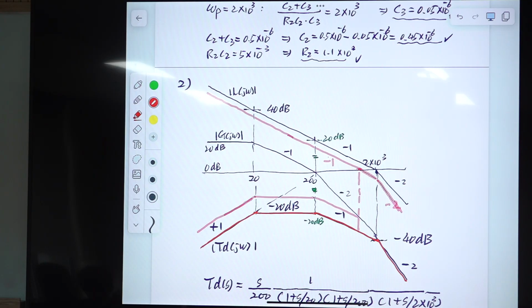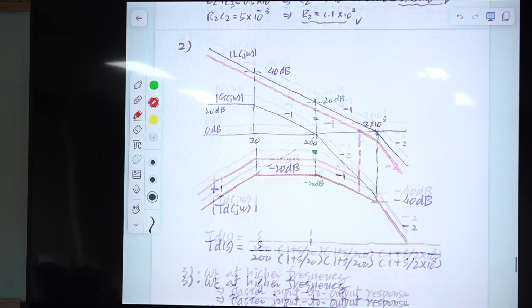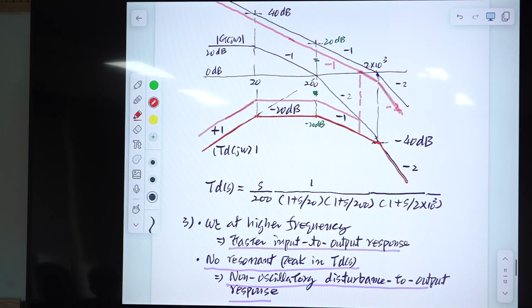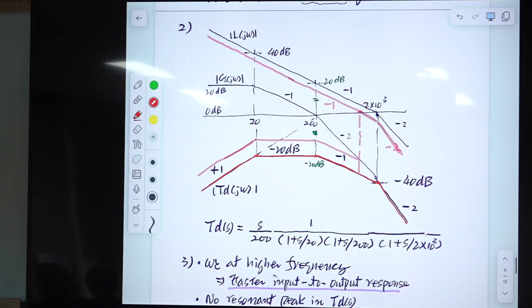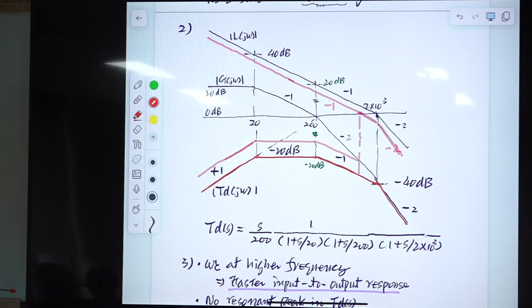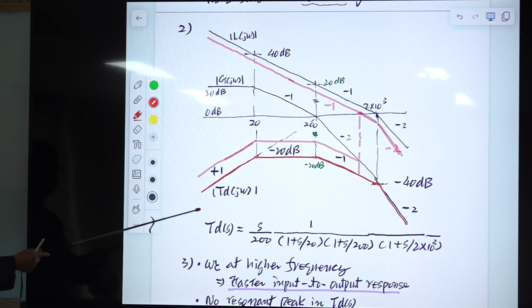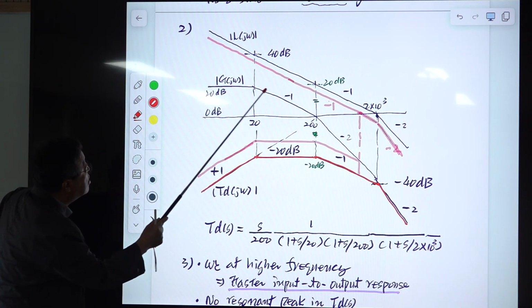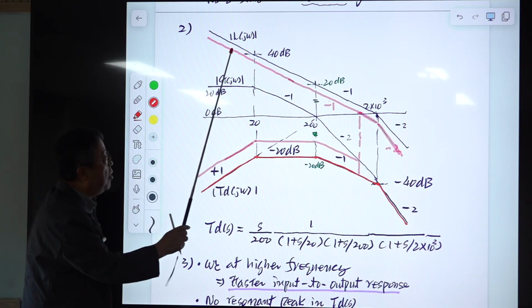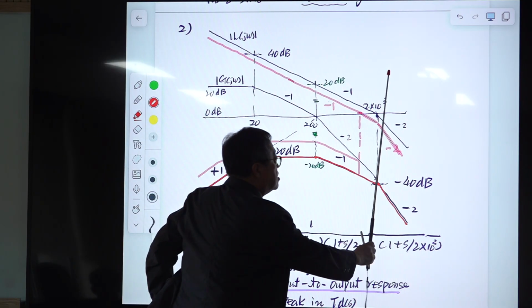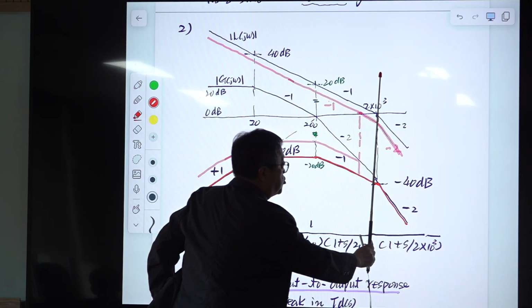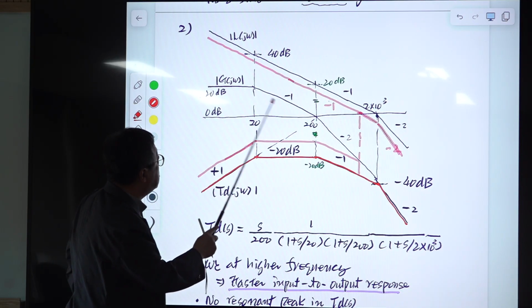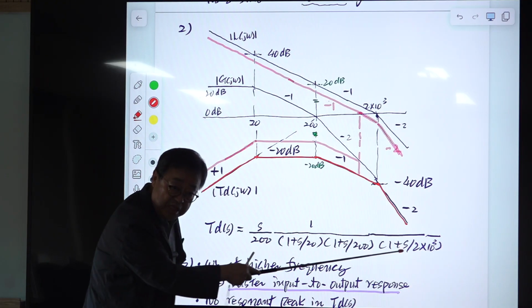Okay, and this is the final problem. Oh, this is not the final problem. Sketch this, right? So the open loop GS is this, okay? And up to this crossover frequency, we use subtraction, and after this crossover frequency, it follows this, okay?